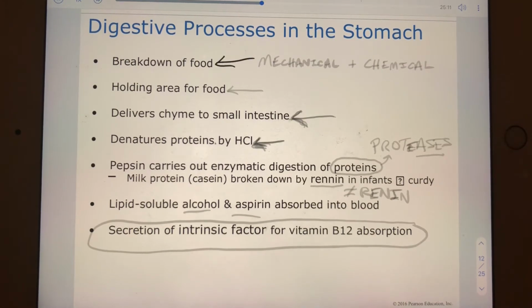Obviously digestion, but remember both mechanical and chemical.